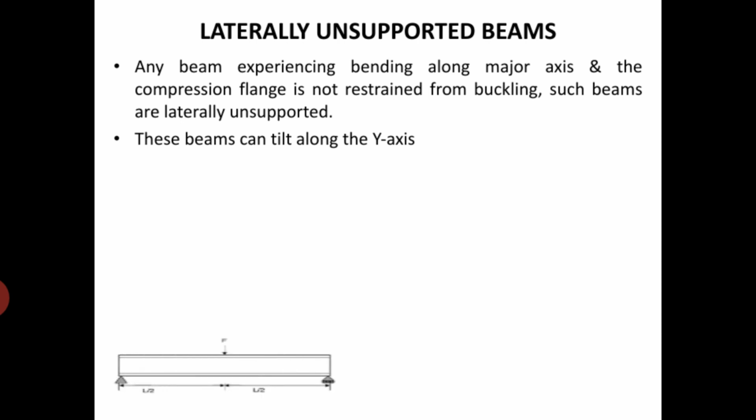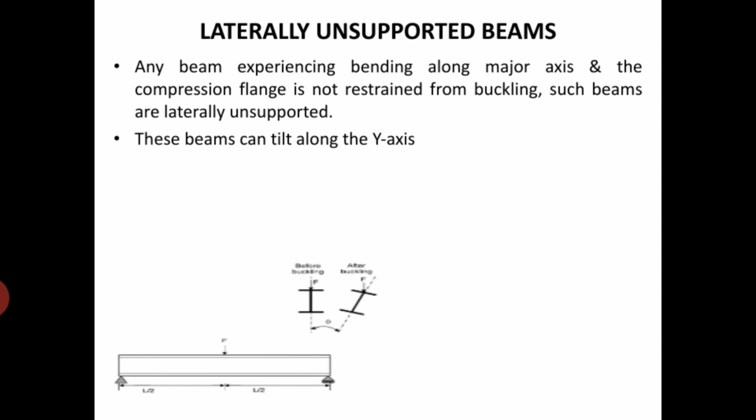So look at this beam. Here, the direction of the load and the direction of the moment of the beam are the same. This is similar to a short column under axial compression.